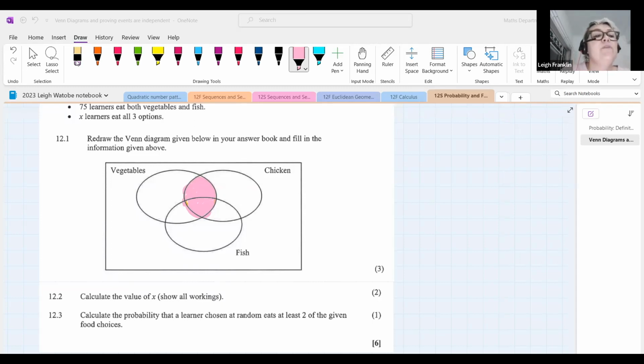Now, if I get rid of the pink and I just highlight this area over here, the blue part, how would I describe that part? How would I describe the turquoise bit?